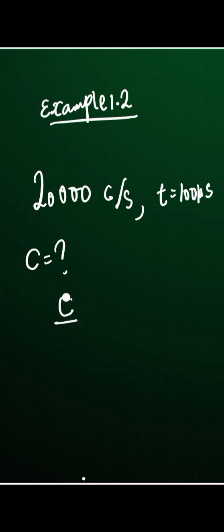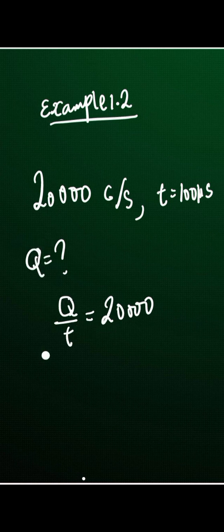The symbol for coulomb, that is the symbol for charge, is Q, right? The symbol for seconds is time, T. So it means that Q over T is equal to 20,000. What are we looking for? Charge. C is the unit. We are looking for Q.